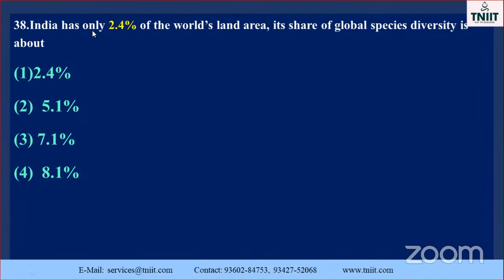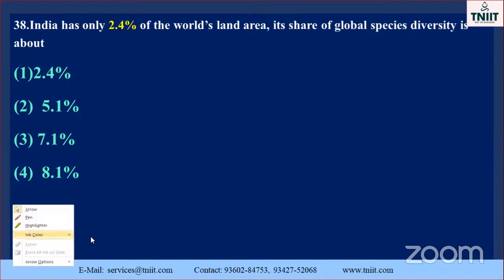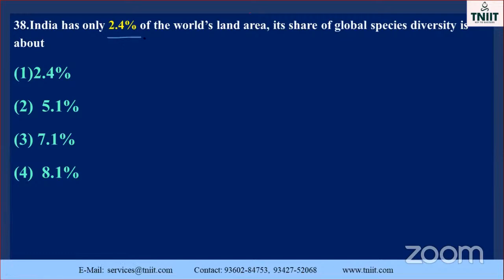Next one is, India has only 2.4% of the world land area. Listen here, this is very, very important. 2.4% of the world land area. Its share of global species diversity is about, how much do you know? 8.1%.